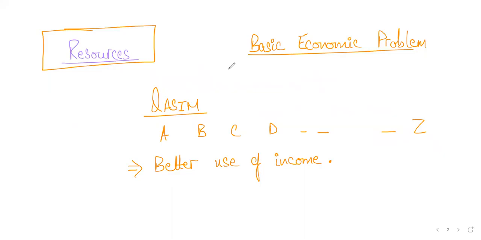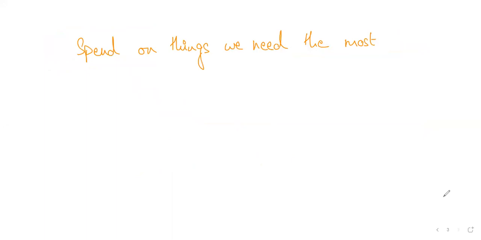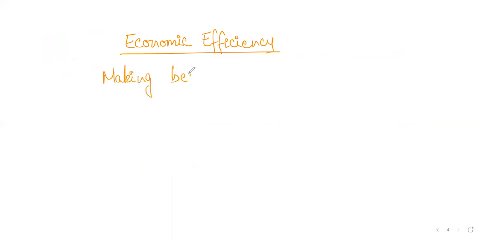Resources are limited, and therefore economic efficiency means making best possible use of resources, because resources are limited and scarce. So we don't want to waste or make inefficient use of these resources, right? So economic efficiency very simply means making best possible use of scarce resources.